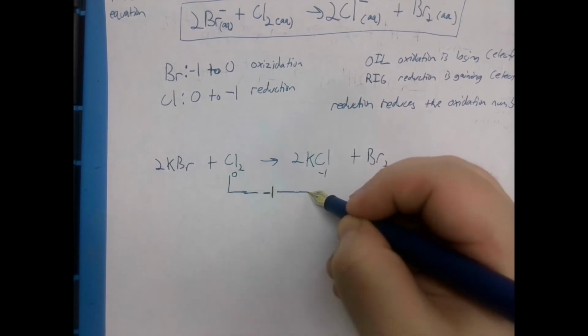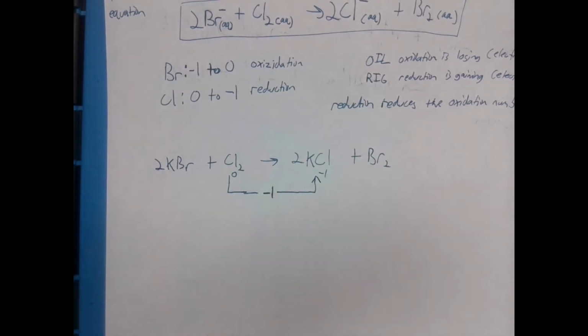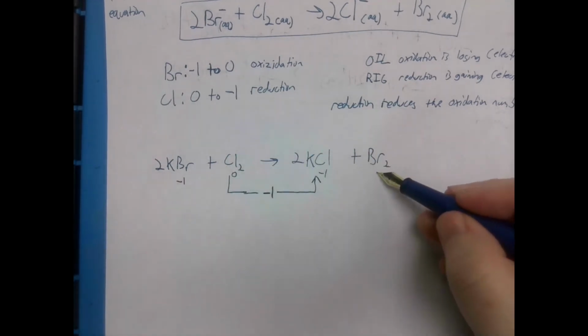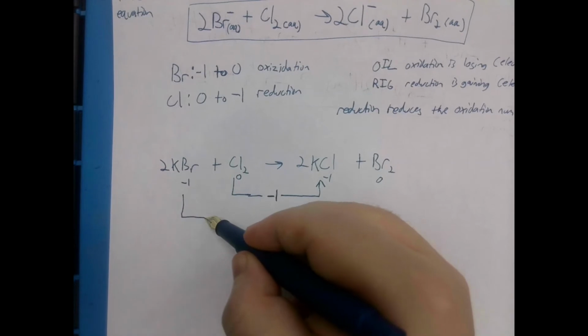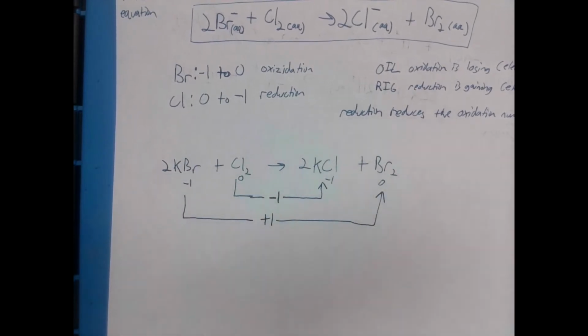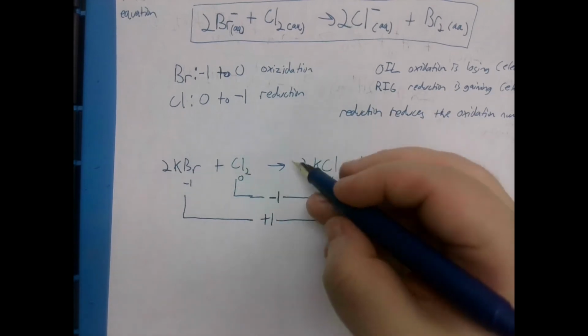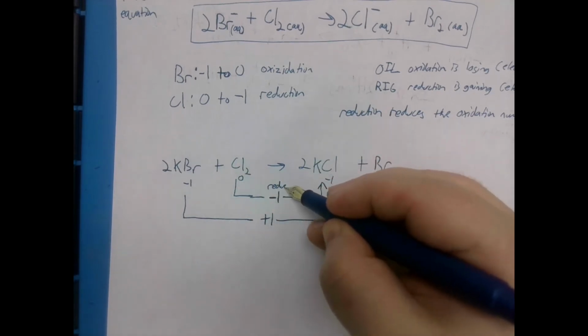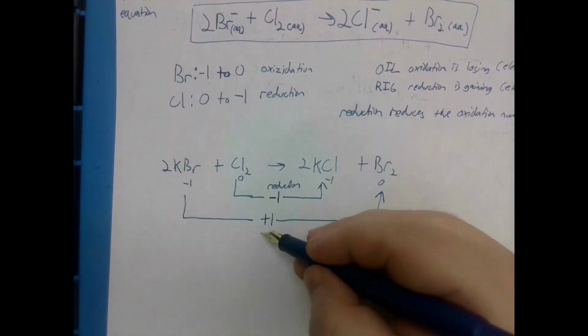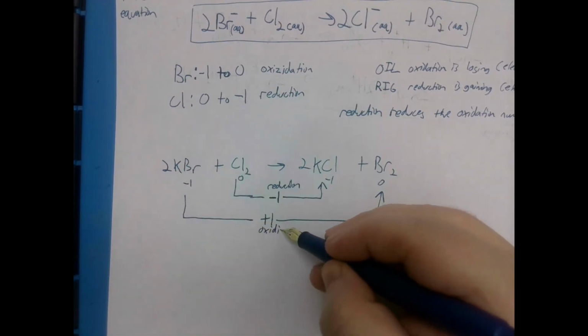We are subtracting 1. And bromine is going from -1 to 0, so to do that, we have to add 1. So chlorine is a reduction because we're subtracting 1, and bromine is oxidation.